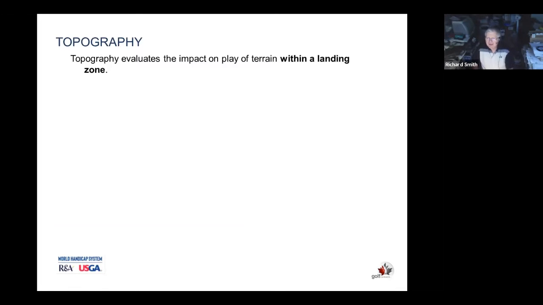Okay, the impact on play of the terrain within a landing zone. This topography is a bit of an exception in a way, because most of the obstacles that we talk about are at the edge, outside of the fairway. Topography, on the other hand, is what is happening in the fairway within the landing zone.